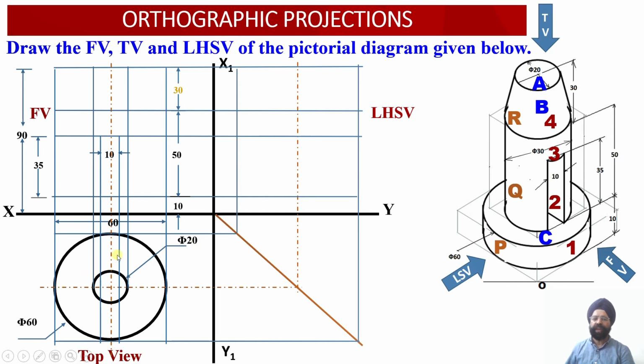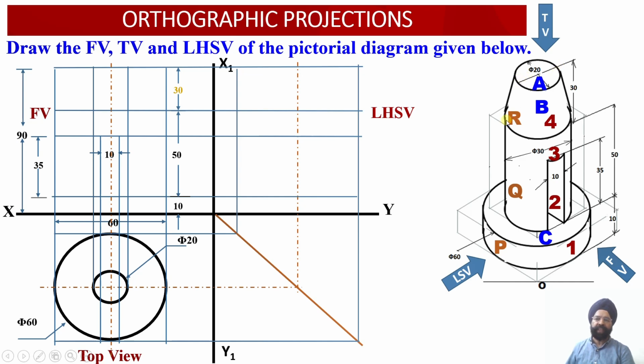Once I draw this 20 millimeter diameter, I am going to project this 20 millimeter outer dimension up to the top point of the front view, so that I will be able to obtain these two points in the front view where my slanting portion of the circular element will be starting. So this is the starting point of my circular portion corresponding to element number 3.